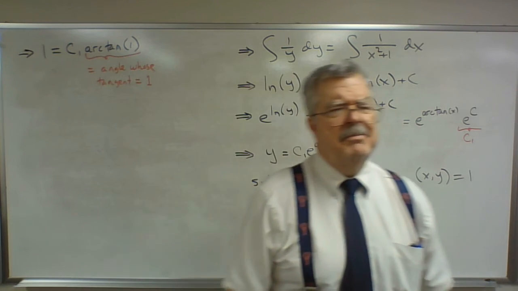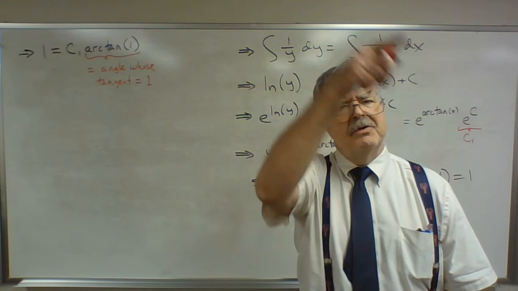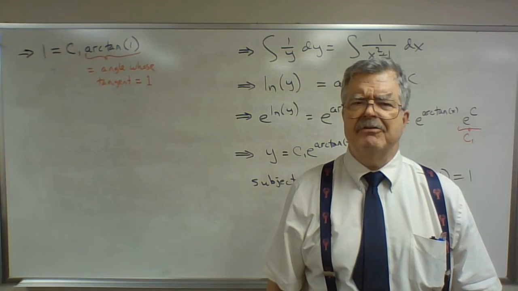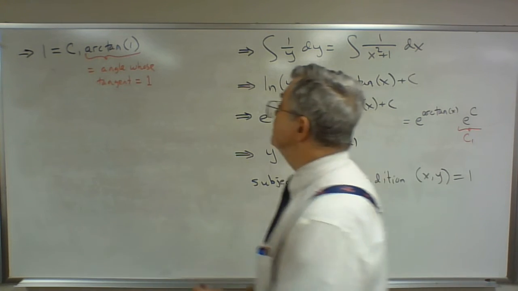What angle between negative pi over 2 and pi over 2 has a tangent of 1? Pi over 4, right?